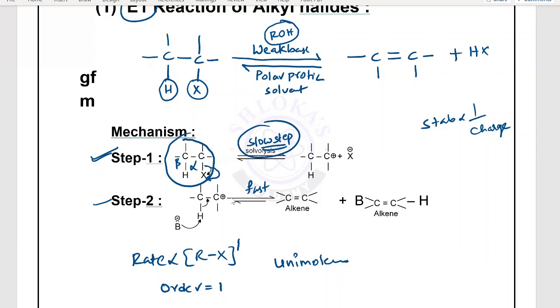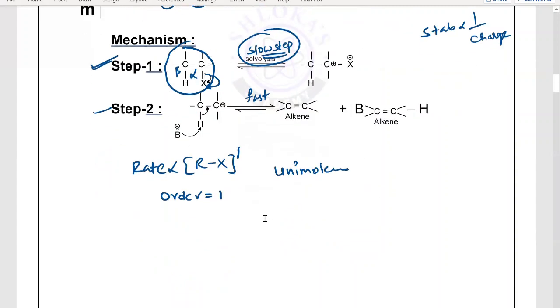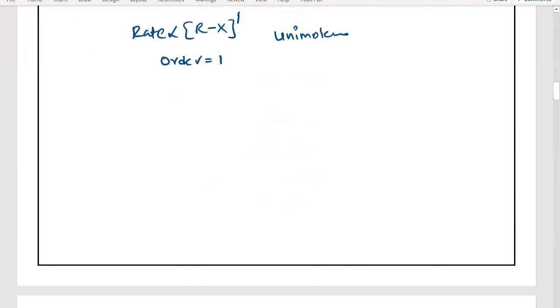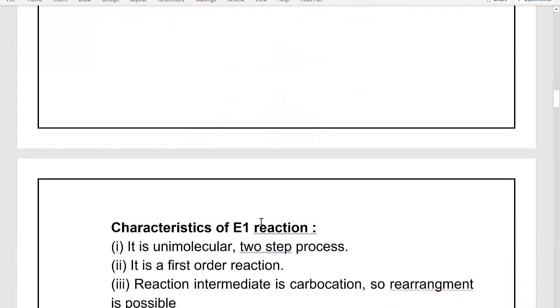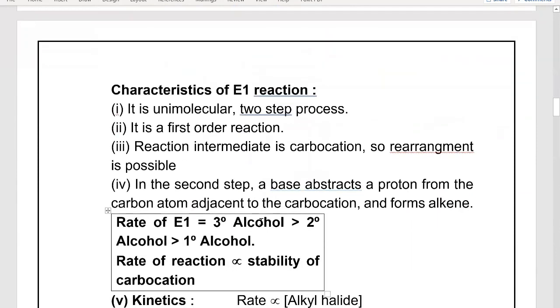Now we should discuss the properties, the characteristics of E1 elimination, one by one. First, it is a unimolecular reaction.